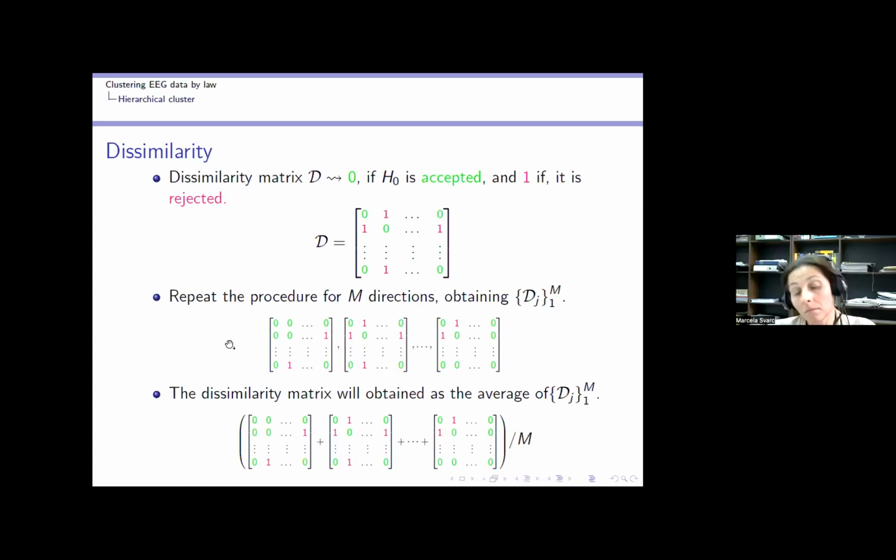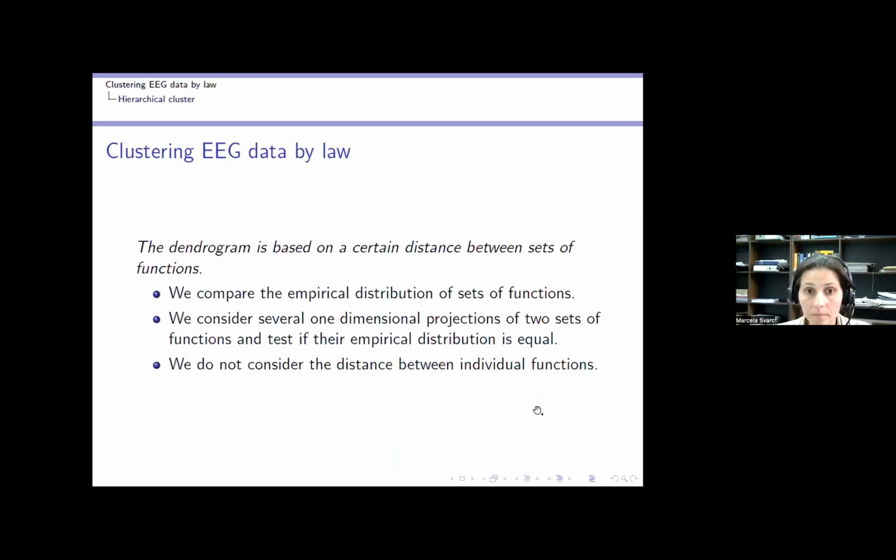So with this dissimilarity matrix, we can use any hierarchical clustering procedure to construct the clusters. This procedure is what we call the clustering by law.